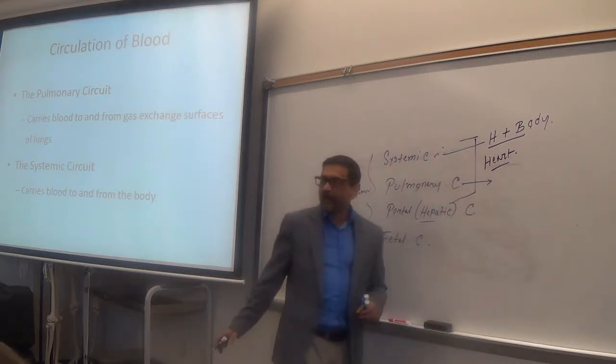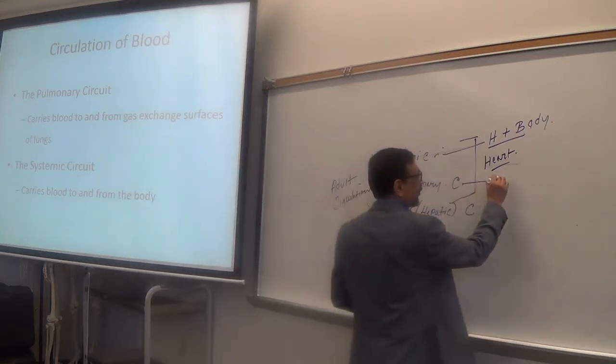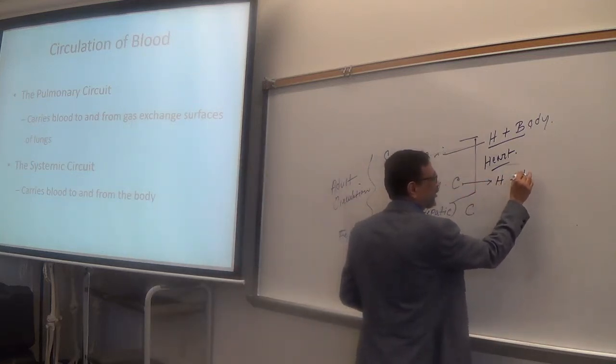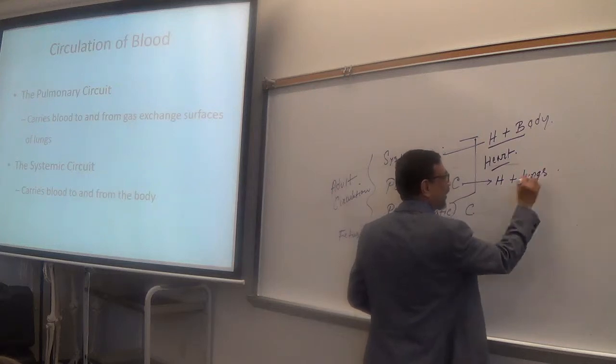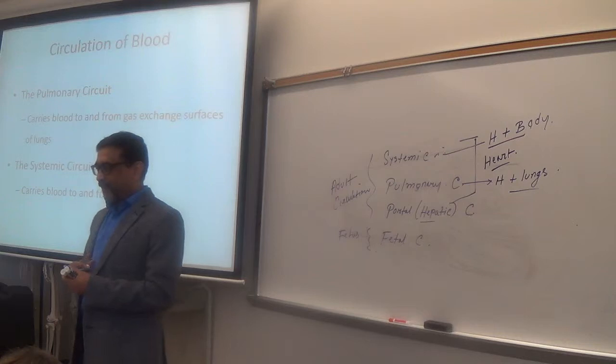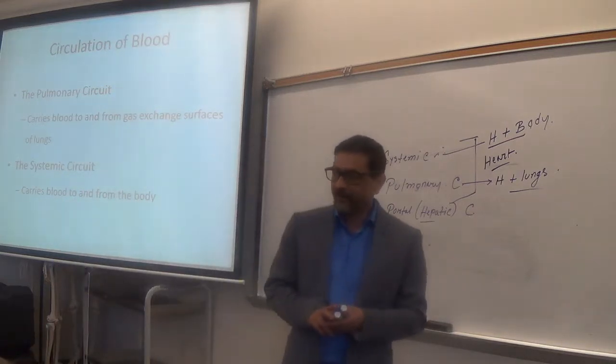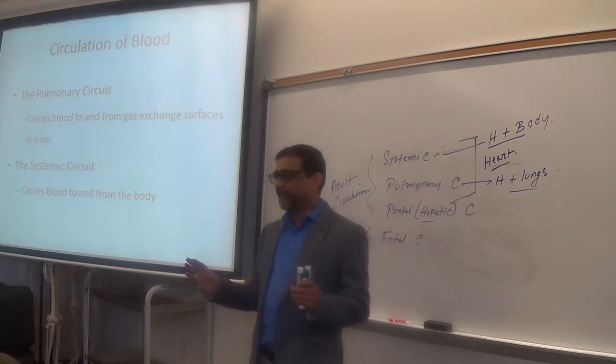The word pulmonary means what? Lungs. So pulmonary is between the heart and the two lungs. Heart and the body is systemic, heart and the lung is pulmonary. Is it clear?